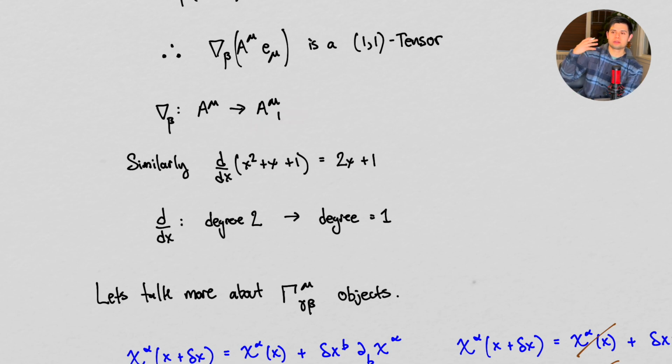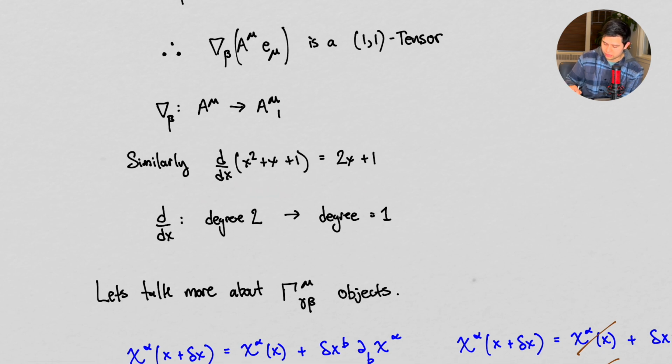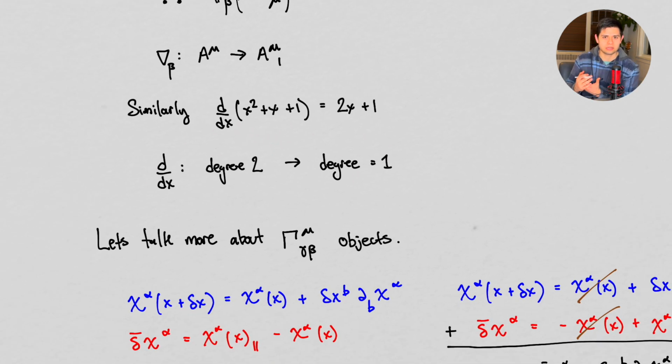Similarly, if you stretch your mind all the way back to calculus, there's an analogous thing that happens when you take the derivative of a polynomial. You change the degree, right? So here we're changing the rank, there we're changing the degree. And so there's something to be said, at least for what the covariant derivative does mathematically.